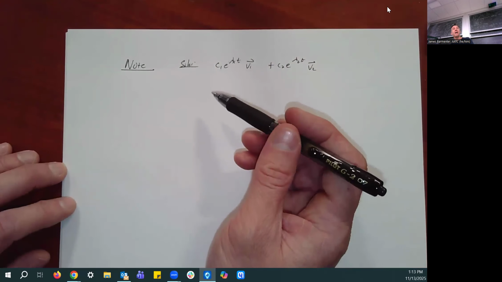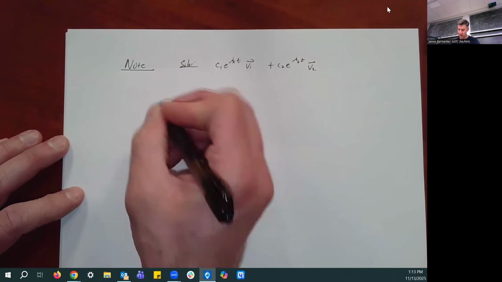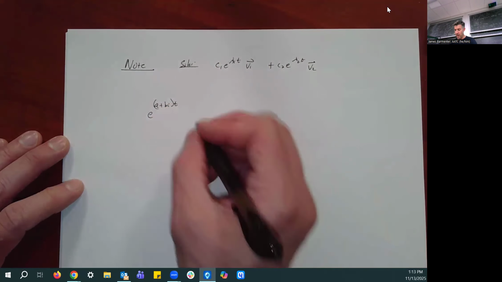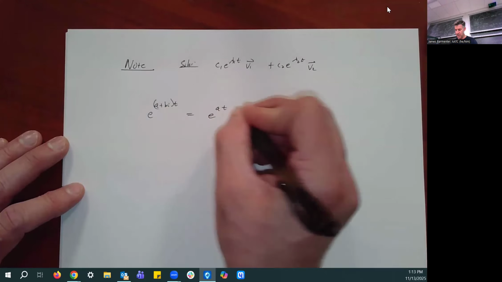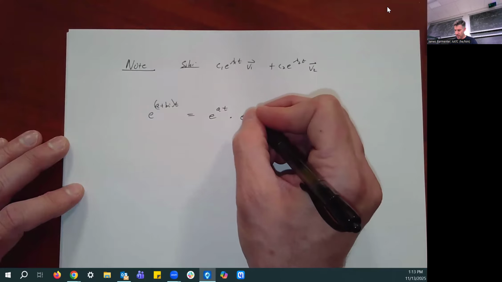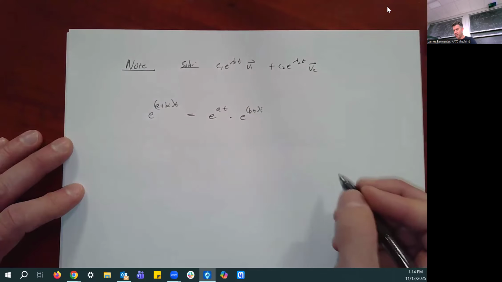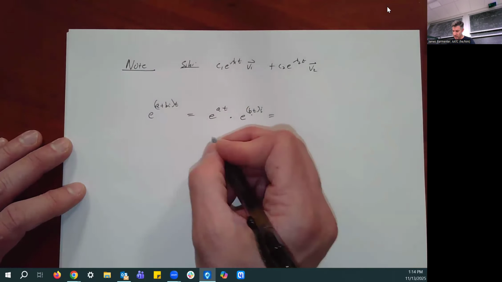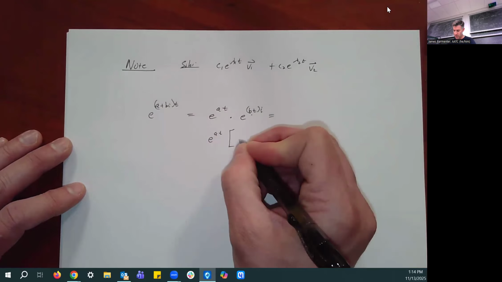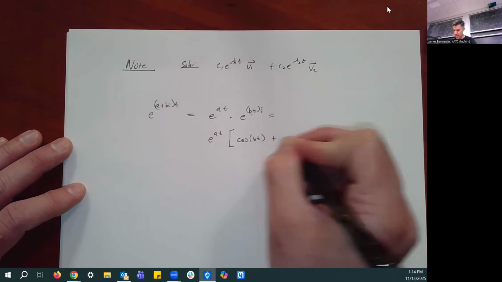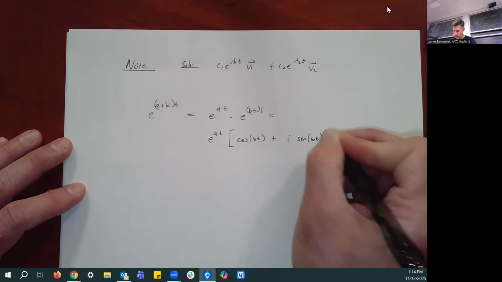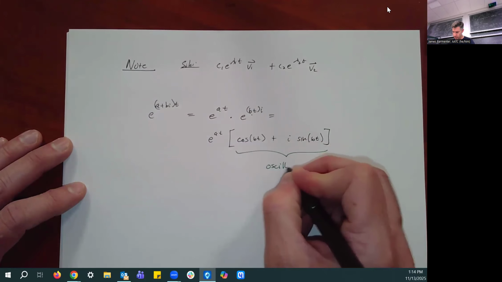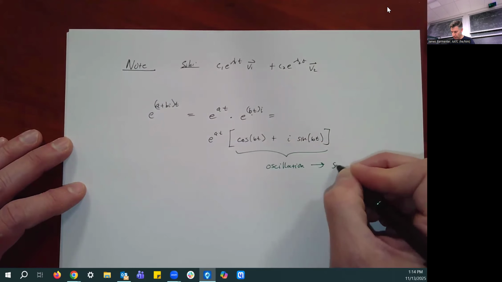And if lambda is complex, so if you have e^((a+bi)t), I know it's been a minute since we did this, but that breaks apart as e^(at) times e^(bti). The e^(i theta) part becomes cosine and sine. This becomes e^(at) times cosine of bt plus i times sine of bt. This part is giving you the oscillation, which leads to the spiraling.